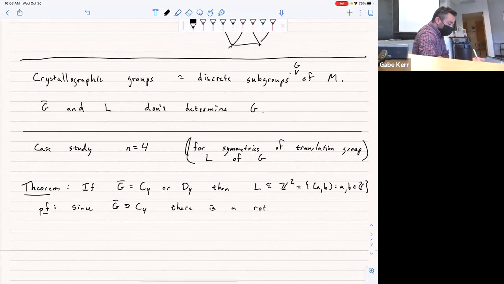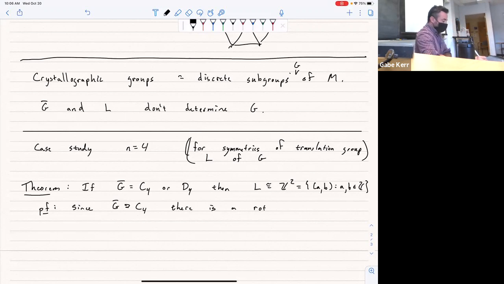Remember, all of the elements of O2 are either a rotation or a reflection.